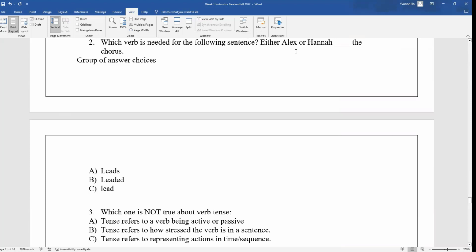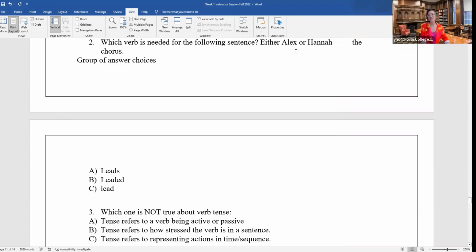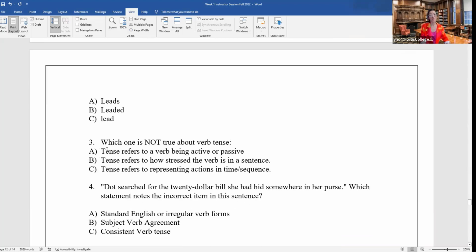Leads, like he leads, she leads. Yeah. And which is not true about the verb tense? Is it A, B, or C? Brittany.